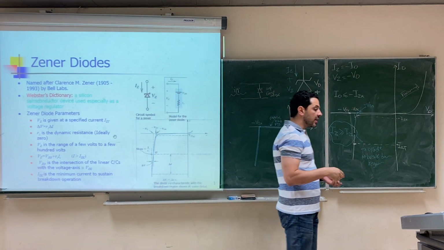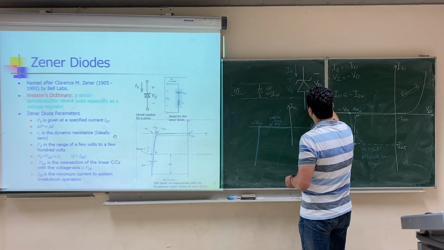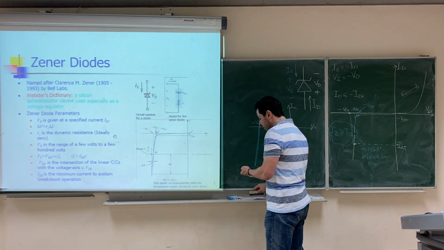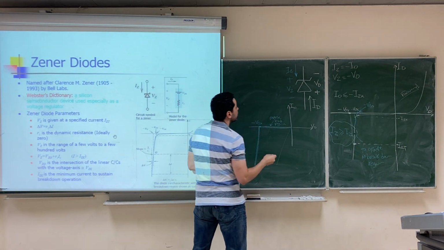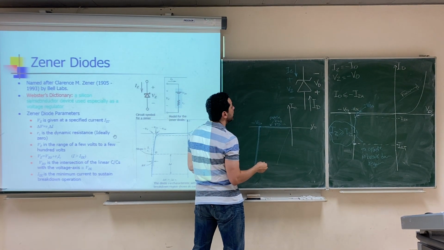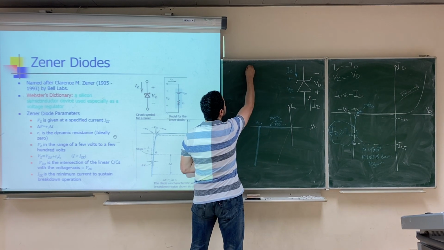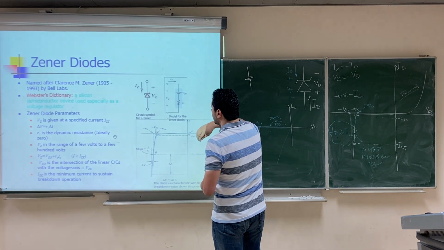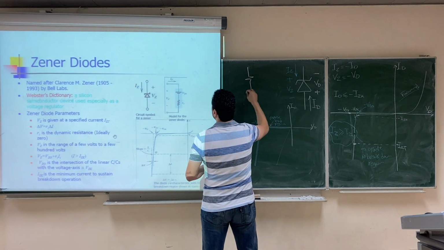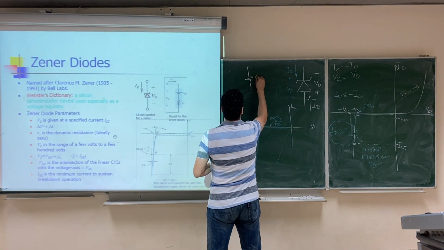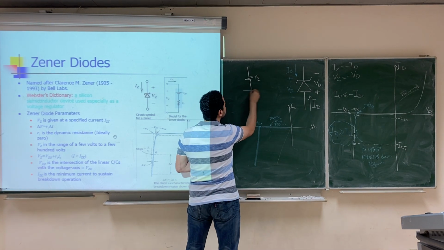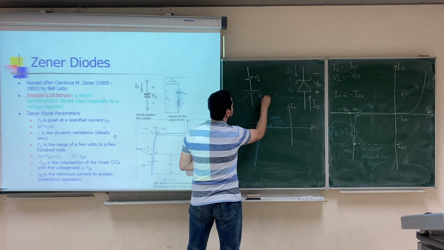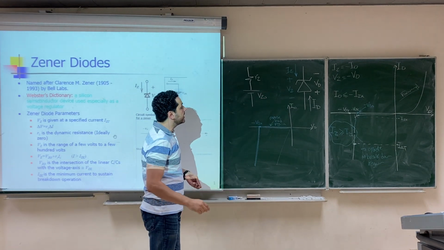So the model that we'll use for the Zener diode in the breakdown region, if you assume that it is working in the breakdown region, will be a resistance that we will call RZ, and a battery VZO.